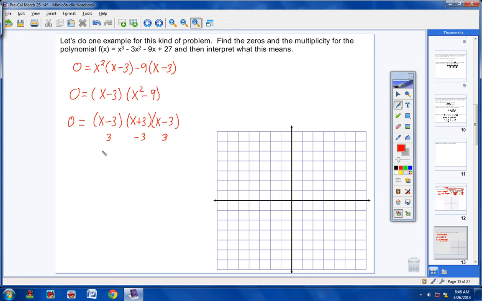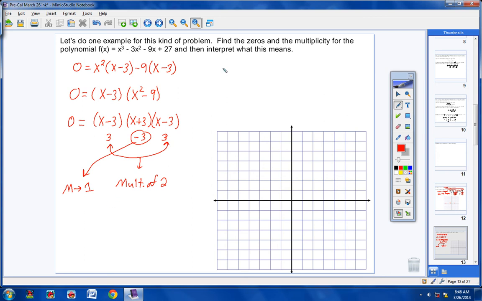For this zero right here, and for this zero right here, I have a multiplicity of 2. And then -3 only has one group that gave me a -3, so I have a multiplicity of 1.